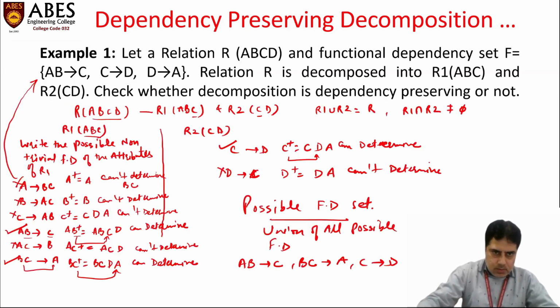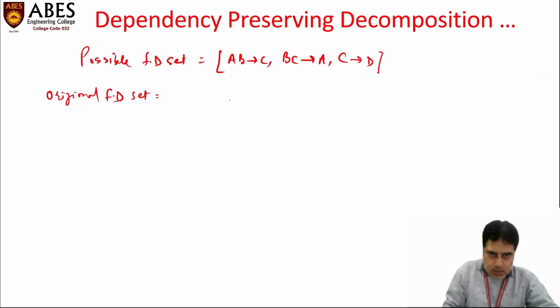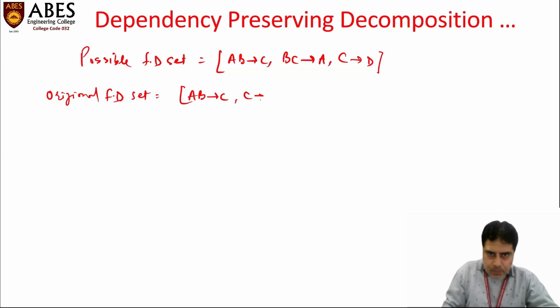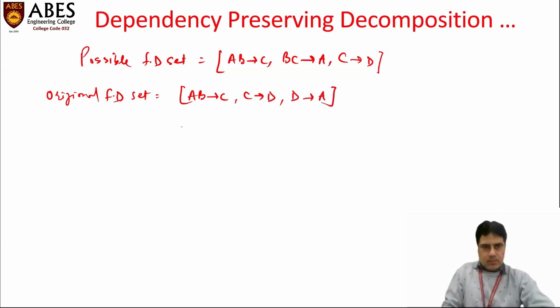That is AB determines C, C determines D, and D determines A.